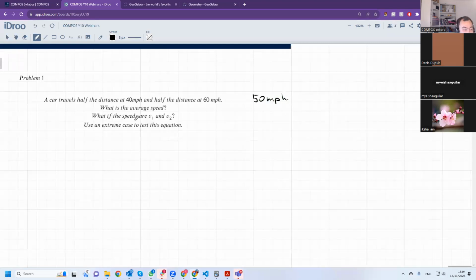If it's V1 and V2, what would the answer be? It would be an expression, right? What would the expression be? Somebody tell me, if we were to calculate the same way, how did you calculate? Very good. V1 plus V2 divided by 2.